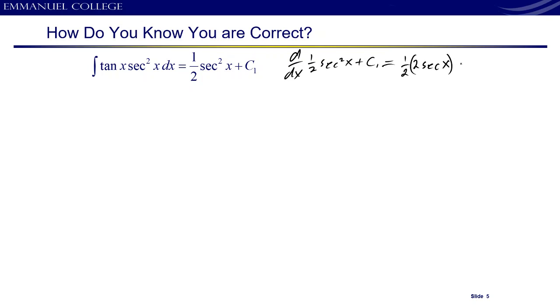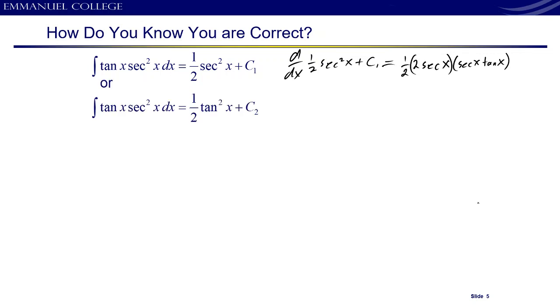And then the derivative of secant is secant x tangent x. And then the constant dies. And that would leave you with tangent x secant squared x.